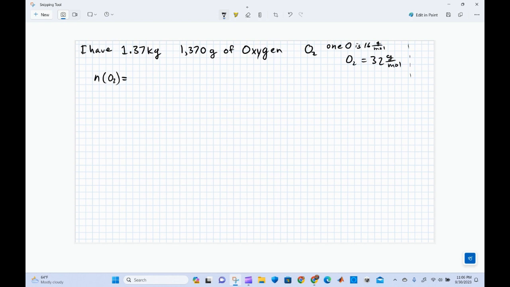So I have 1370 grams. Oop, wrong. I don't like how it slides, but it's not gonna hurt me. So it's 32. What you have to write is 32 g, if I'm not mistaken.